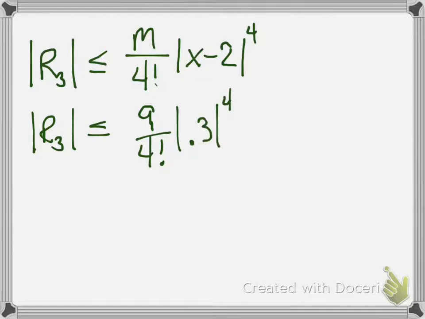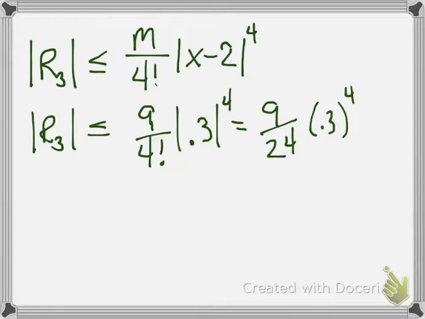So this is what that term looks like. Our magnitude of the error in the third degree Taylor polynomial is bounded by 9 over 4 factorial. 4 factorial is 24, so we got 9 over 24. And then we got 0.3. I can get rid of the absolute value symbol because it's positive, 0.3 to the 4th.